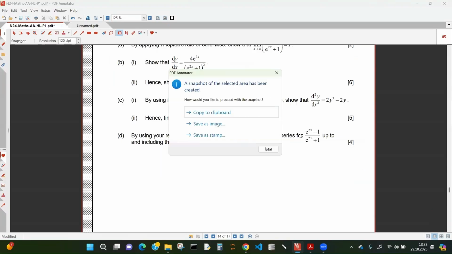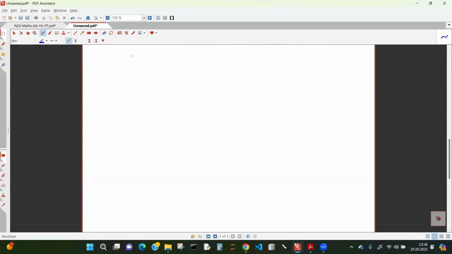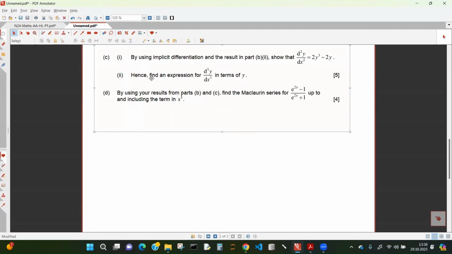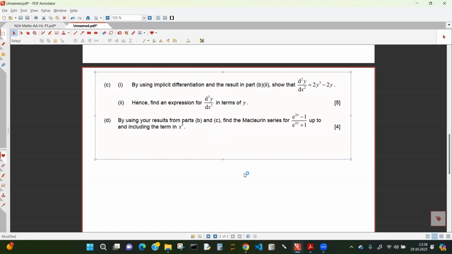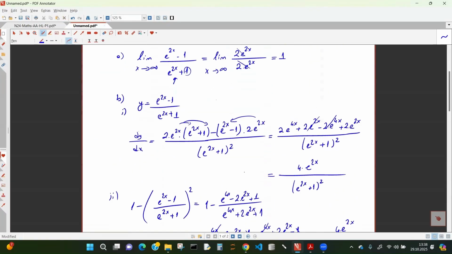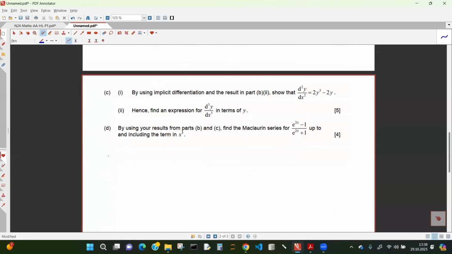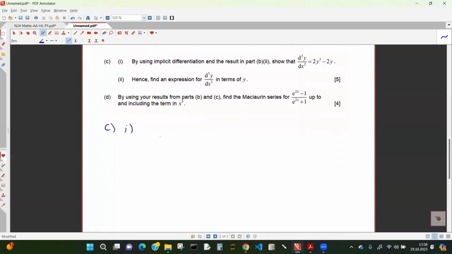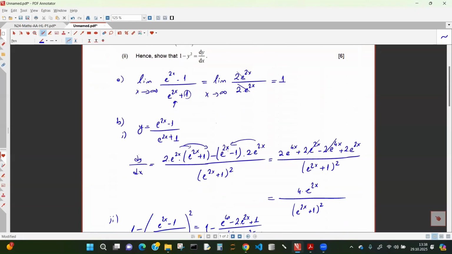I'm looking for the other questions. By using implicit differentiation and the result in part B2, show that what we found in part B2: we found 1 minus y squared equals the derivative of y, right?